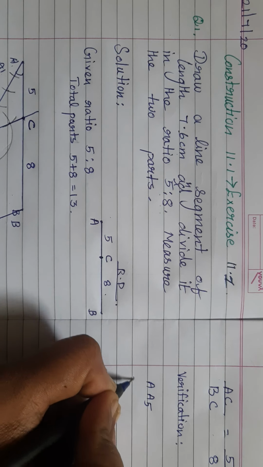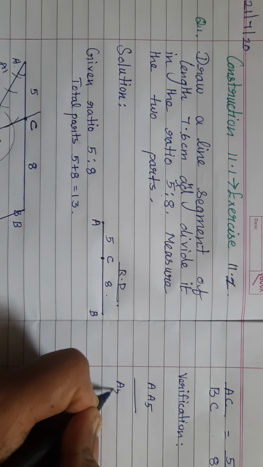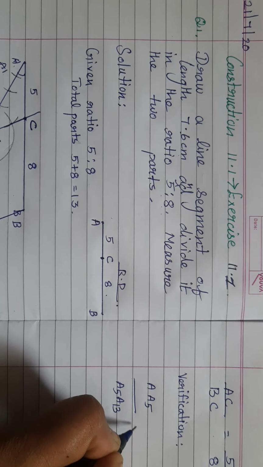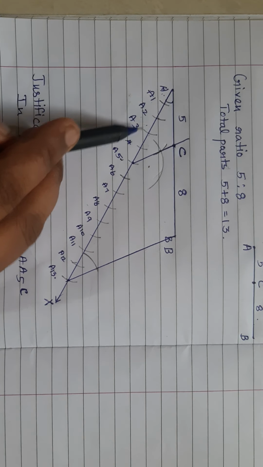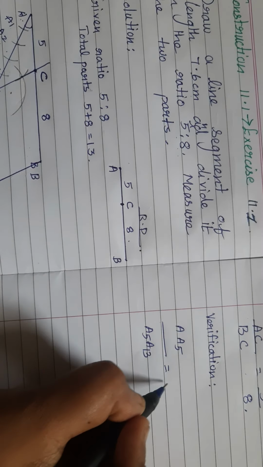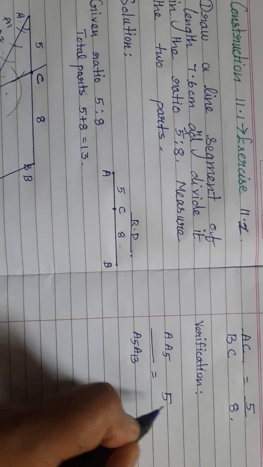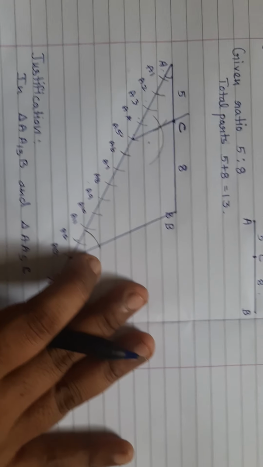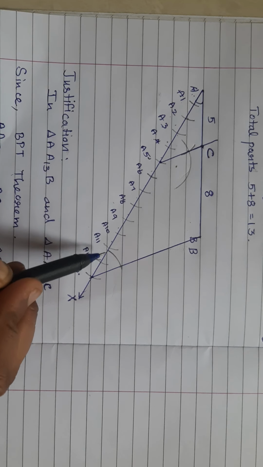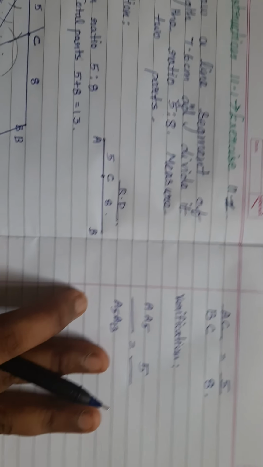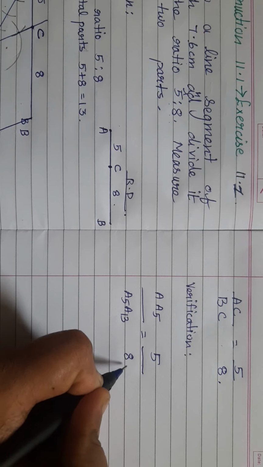A5 divided by A5A13. A5, how many arcs are there? 1, 2, 3, 4, 5. So the total arc is 5. After that, how many arcs are there? 1, 2, 3, 4, 5, 6, 7, 8. A5A13 arc is 8.